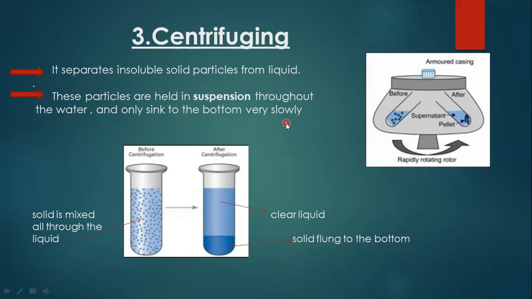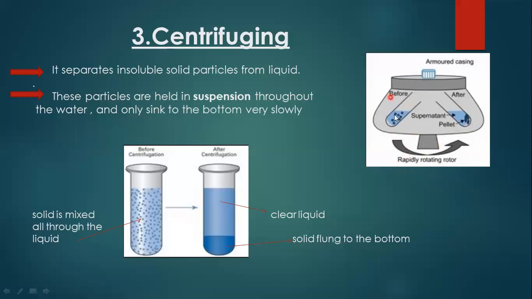If we have suspensions, then we can separate the particles from the suspension by using centrifuging. That is a centrifuging machine. In this centrifuge, an electric motor turns the test tubes. These are the test tubes that are shown here. When the electric motor works, these test tubes revolve, they move at high speeds. And during the movement, what happens?